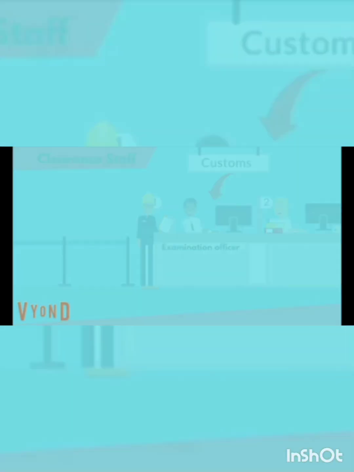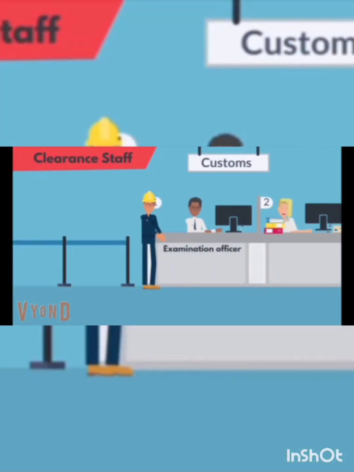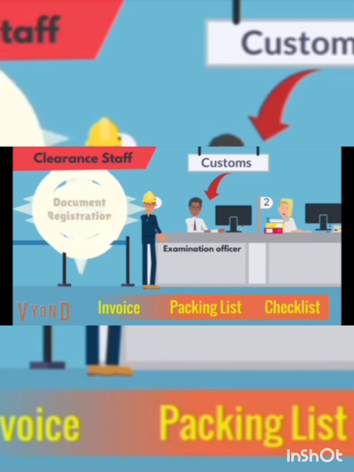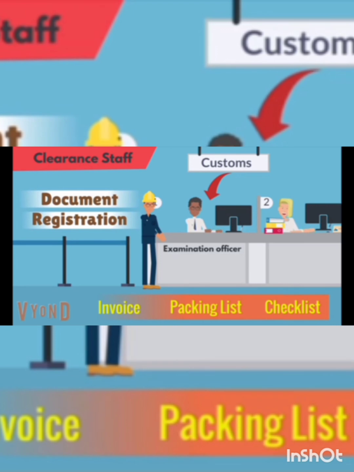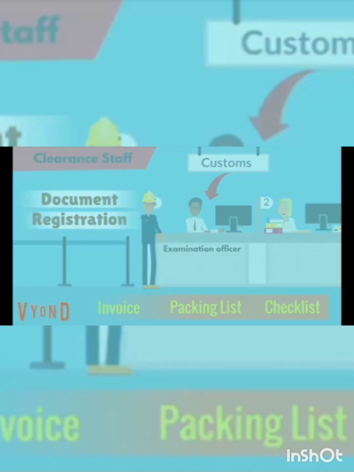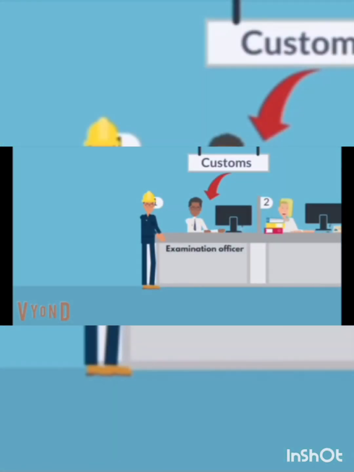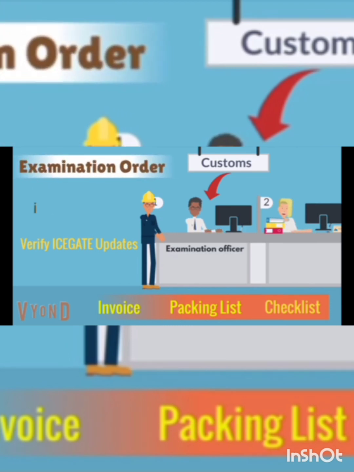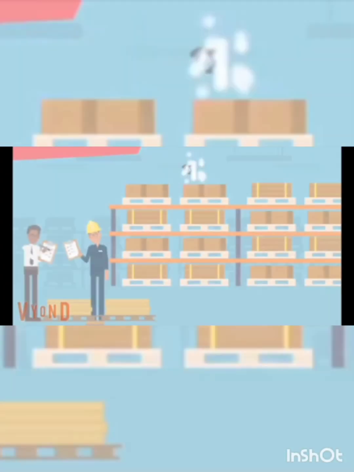Then the staff will submit to the customs examination officer the invoice, packing list, and the checklist for document registration. The customs examination officer then verifies the system updates with the invoice, packing list and checklist, then issues the examination order. So finally he can get to the transportation of the product.